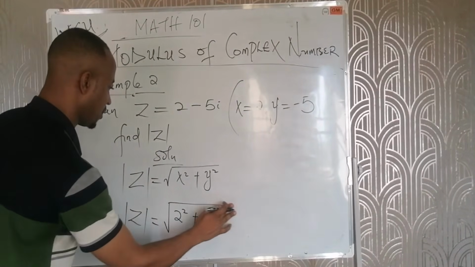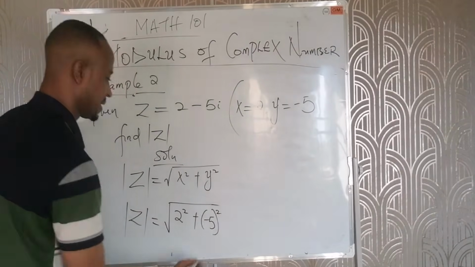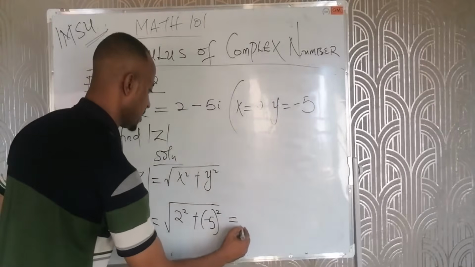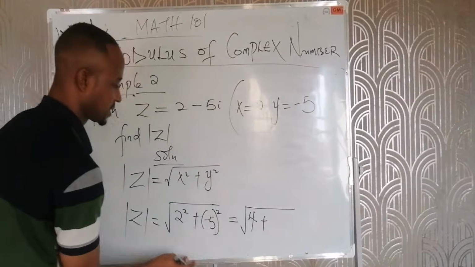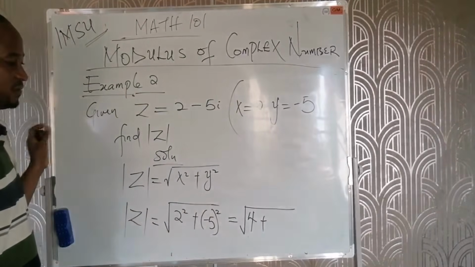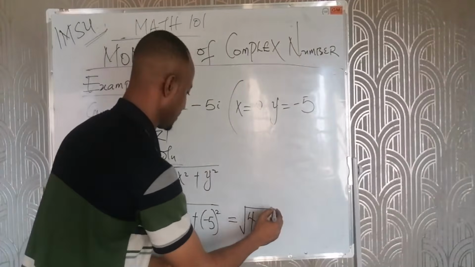So the modulus of z equals the square root of 2 squared plus negative 5, all squared. 2 squared is 4, plus negative 5 all squared gives us 25.